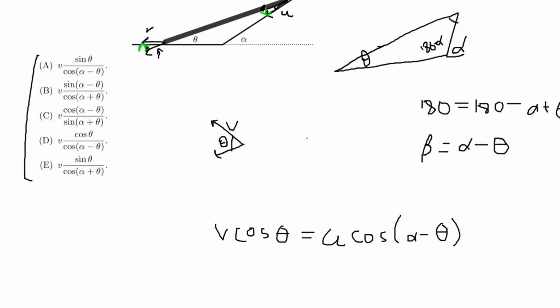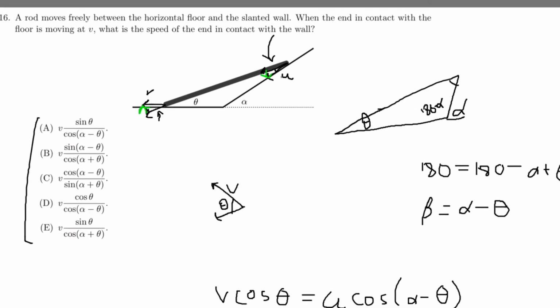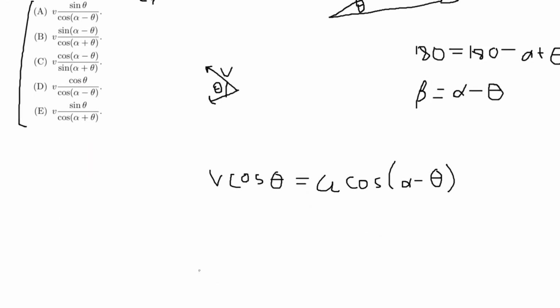Now we look at what the problem is asking, which is to find u, the speed at the end in contact with the wall. So if we divide by cosine of alpha minus theta on both sides, u equals v cosine theta over cosine of alpha minus theta. And that should be answer D, which is the right answer.